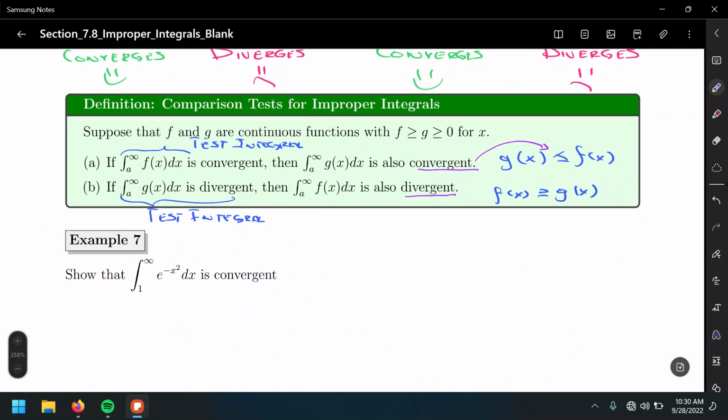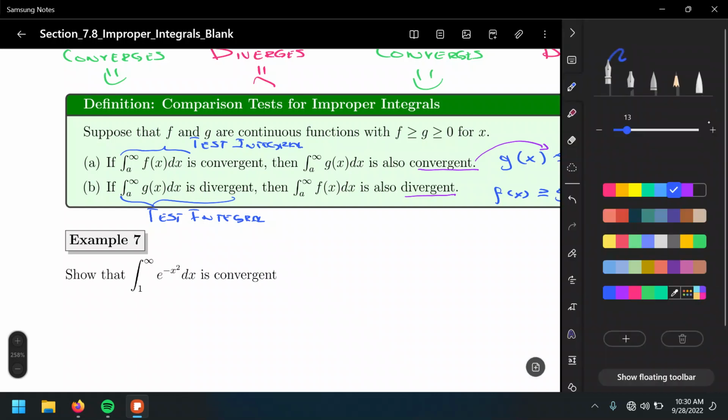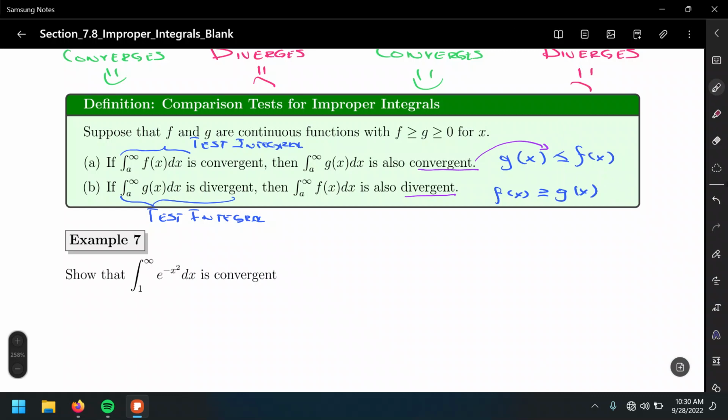So for example number 7, they're asking us to show that the integral from 1 to infinity is a convergent integral. They're giving us the answer. Our job here is to actually show that this converges. So how about we come up with a new integral that is easy to determine its convergence?